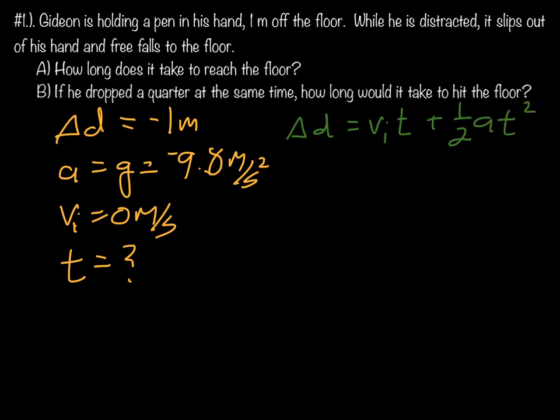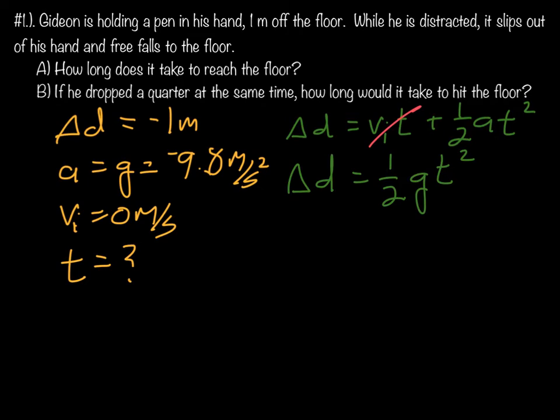Now the joy of this equation, in the fact that our initial velocity is 0, means that 0 times t disappears. So I'm left with simply delta D equals 1/2 gt squared. So if I want to know the amount of time it takes, I'm going to have to solve for time.